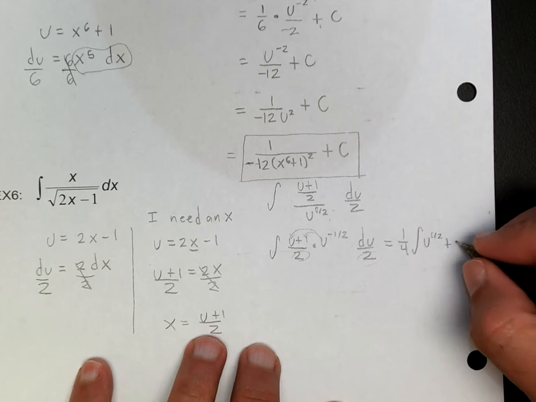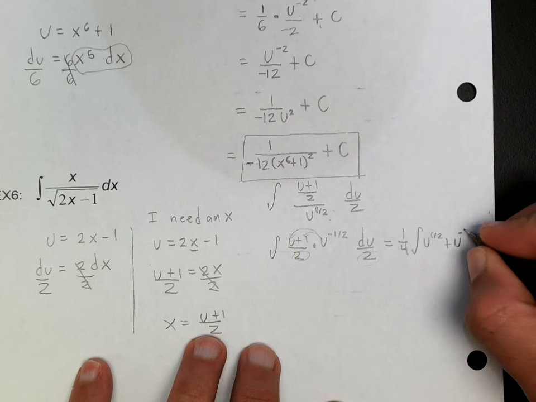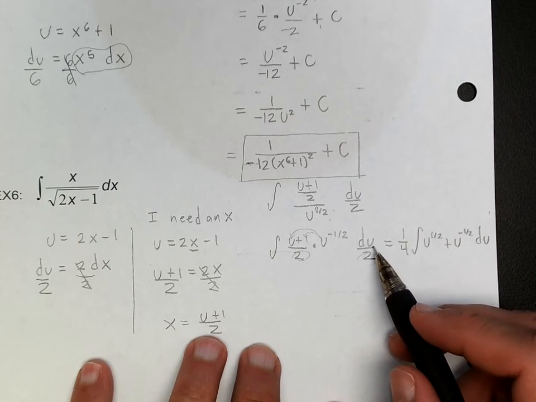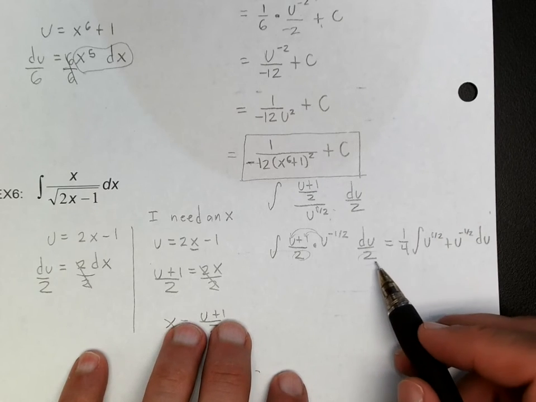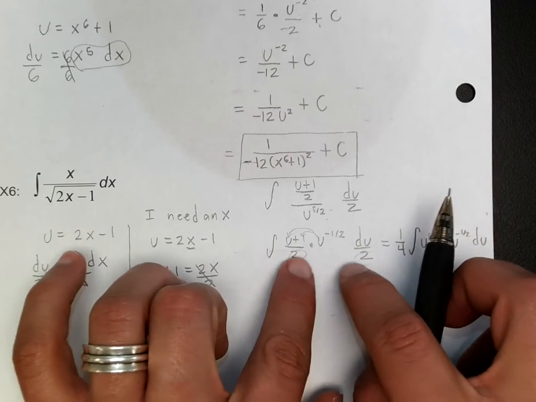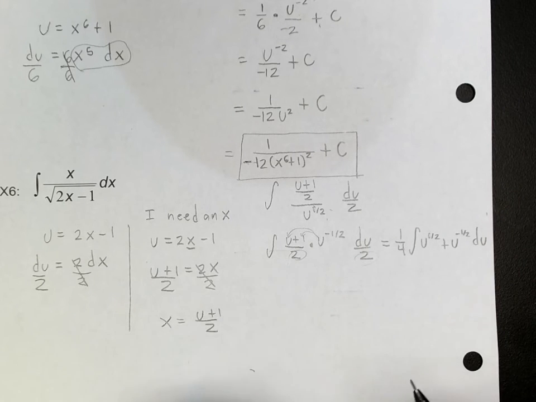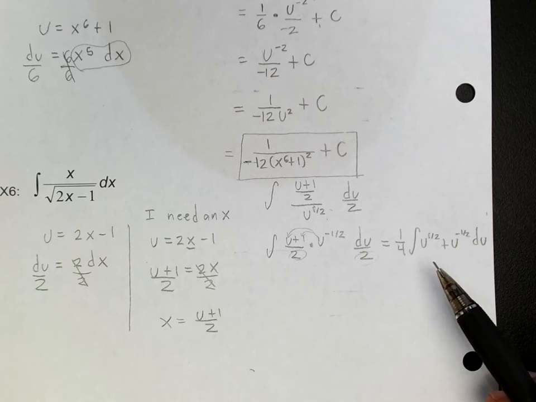That's just u to the negative 1/2 du. Notice that du came from here. That 2 that used to be here, I multiply those two together, and that became the 1/4 that I have right here. So if you were able to follow all that, the last part should be simple.